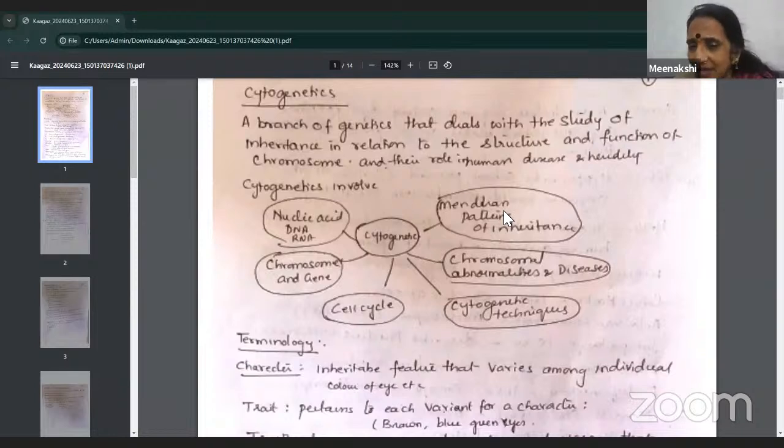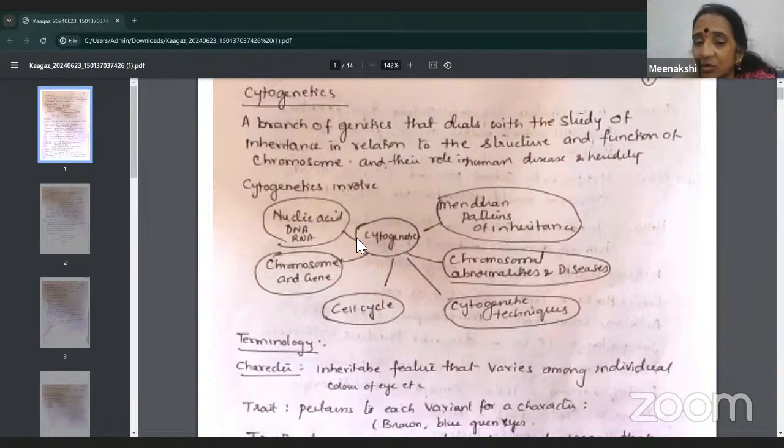All these are nothing but inheritance patterns wherein, when the interaction is taking place, the dominant alleles or codominant alleles are being expressed in different capacities. When they are expressed in different capacities, you are able to see different phenotypic conditions, thereby leading to different genotypic ratios. So all this is included in the study of cytogenetics.